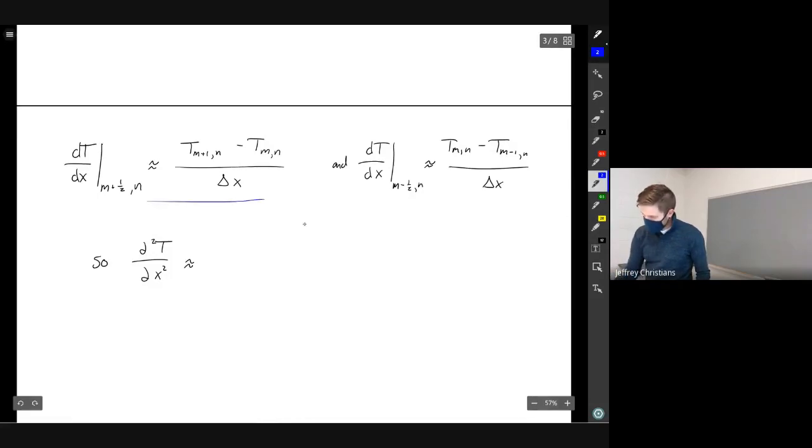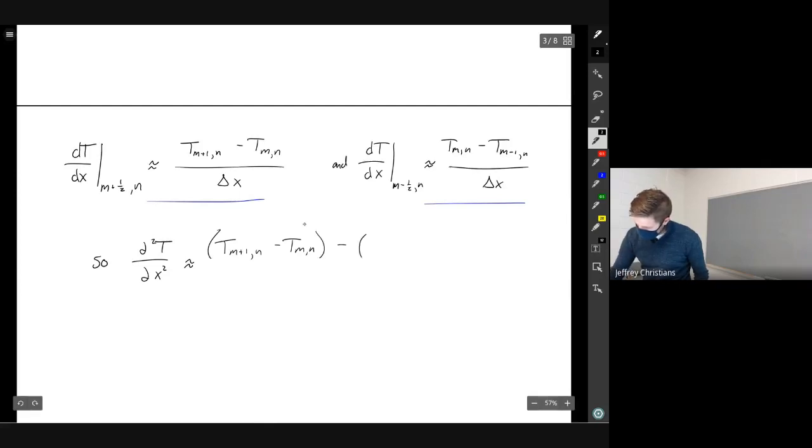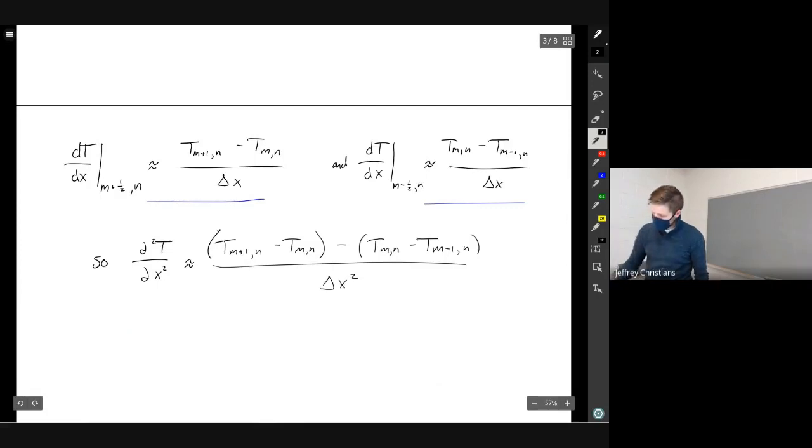What that will give us is T(m+1, n) minus T(m, n), minus T(m, n) minus T(m-1, n), all over delta x squared.